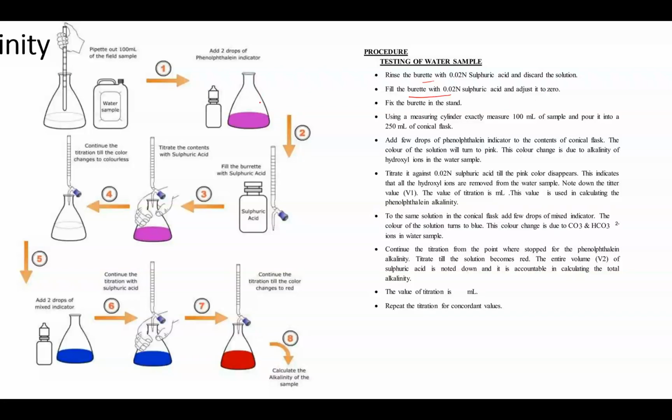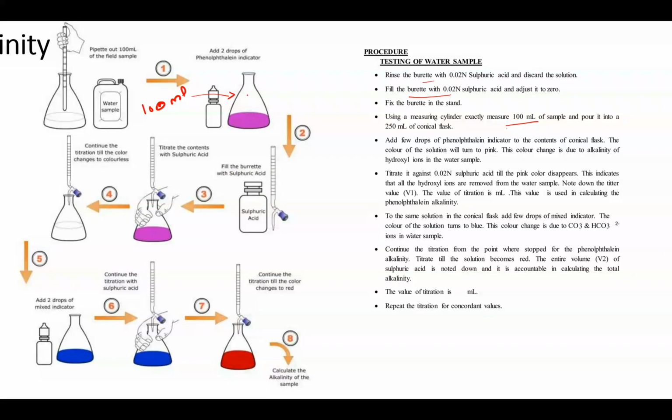Then, using a measuring cylinder, take exactly 100 milliliter of sample and pour it into a 250 milliliter conical flask. So this is the conical flask. From this diagram I'll explain.